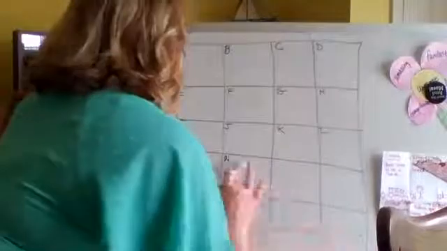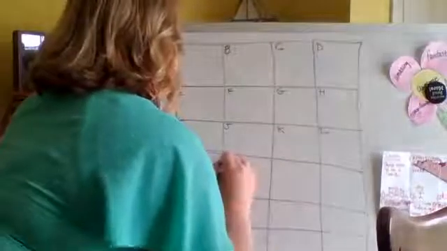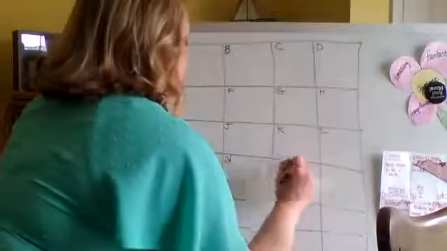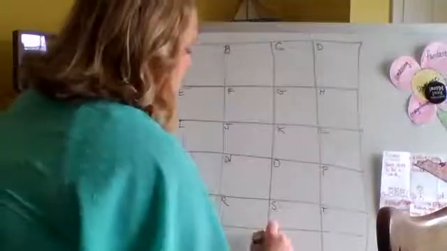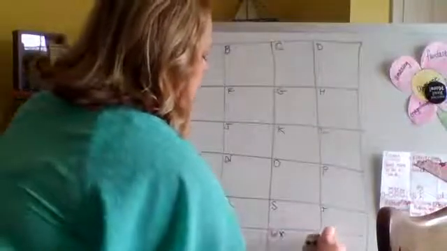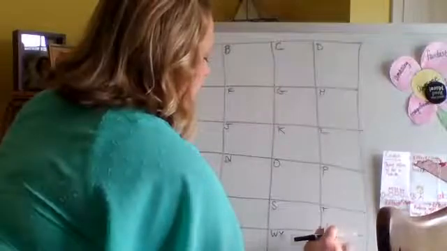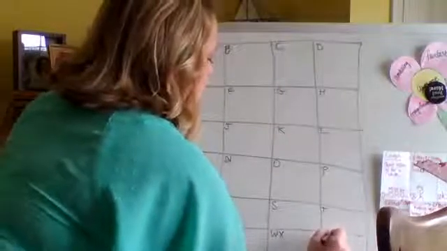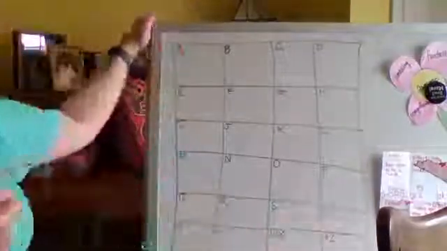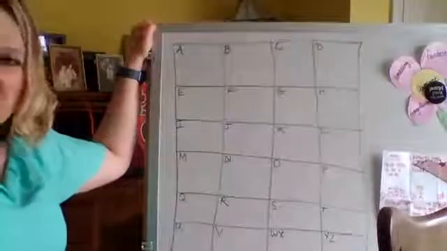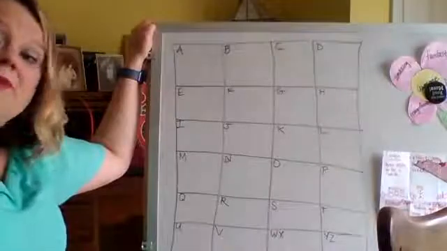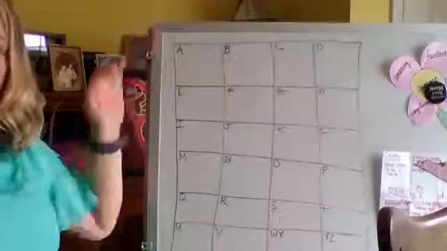N, oops, that's not a very good N. N, O, P, Q, R, S, T, U, V. Now I'm going to put W and X in here, and then Y and Z in the last box. So I have labeled my alpha box on my board now, and I'm going to go through.